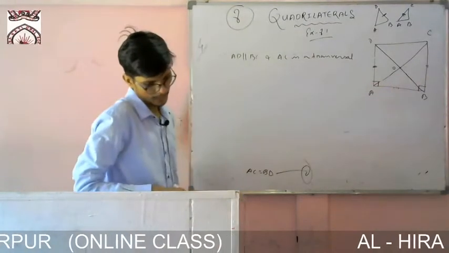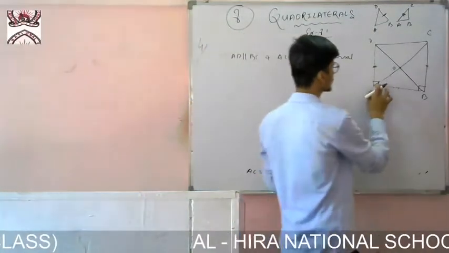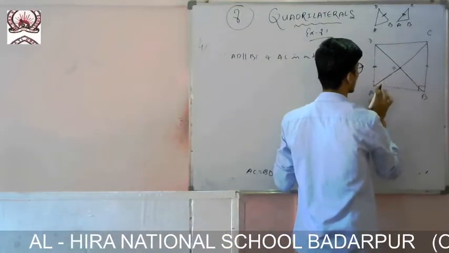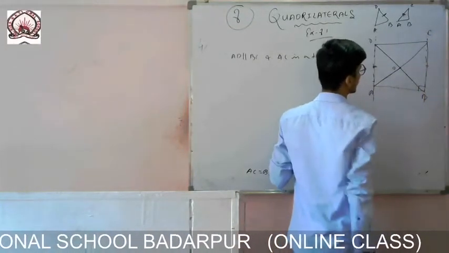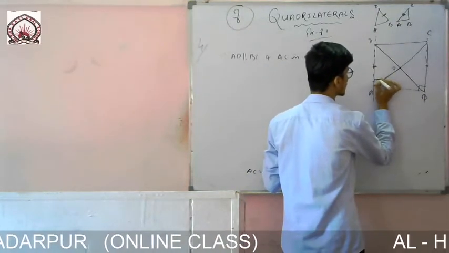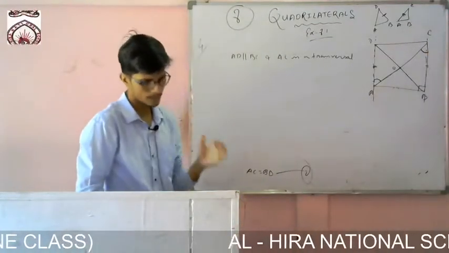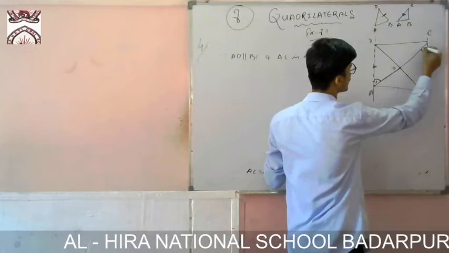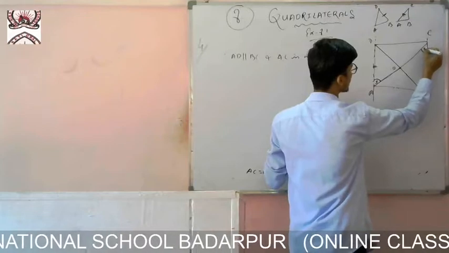If these two lines are parallel and this is the transversal, then this is the angle with the transversal and this is another angle with the transversal, and these two are alternate angles. Let me name this angle as 1 and this one as 2.